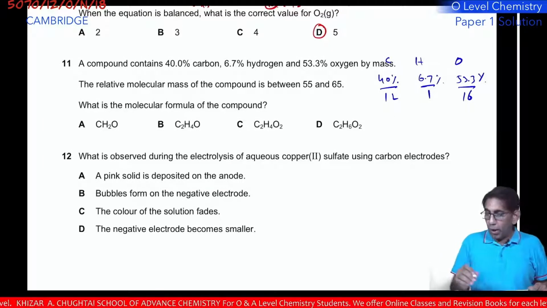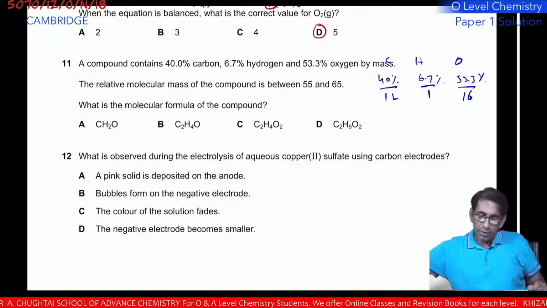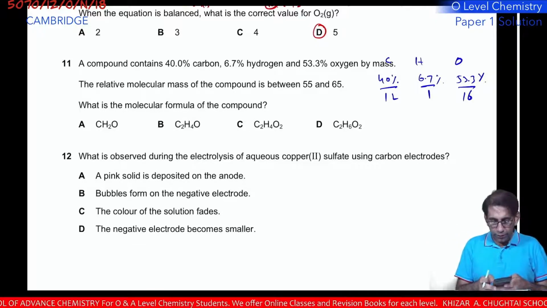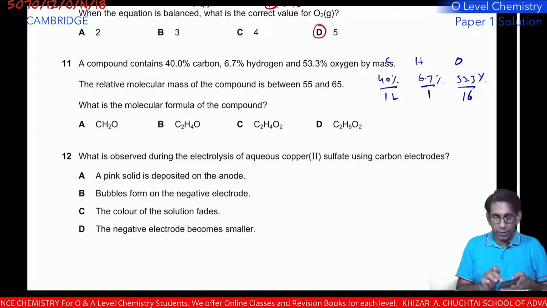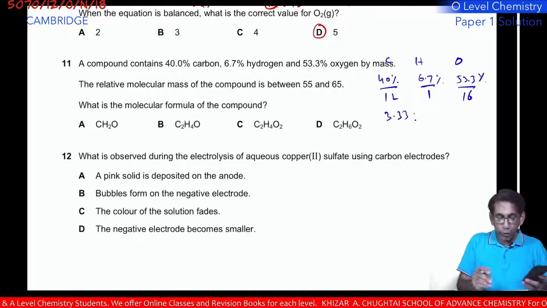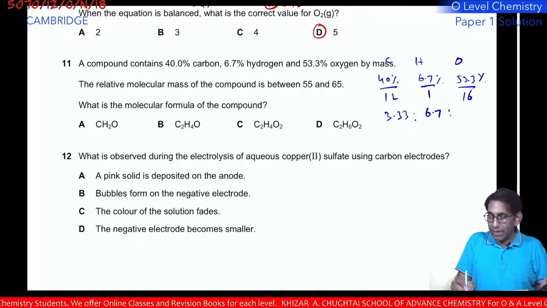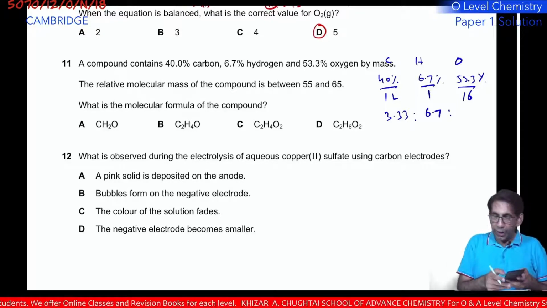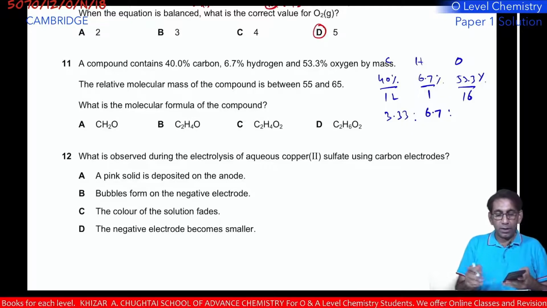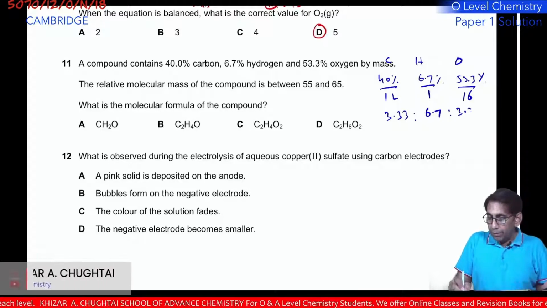Now, what are the next options? 40 divided by 12, the answer is 3.33. The ratio for hydrogen will be 6.7. And the last one is 53.3 divided by 16, and the answer is 3.33.